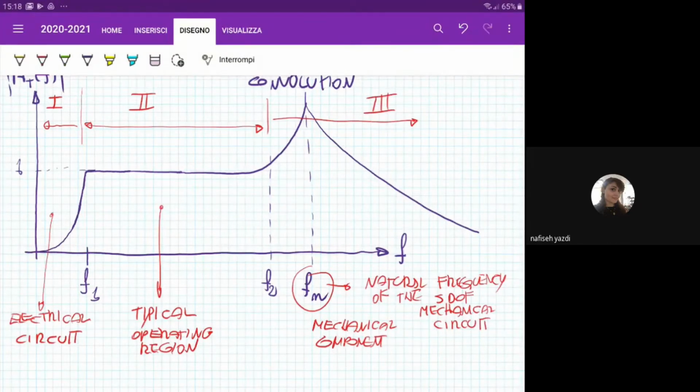So the first part has to be avoided because of attenuation, noise, okay? The third part has to be avoided because of saturation, okay? Much larger signal than expected, okay? And it is not constant in frequency, the other reason, because you have the peak of resonance over there, so it is no more constant.